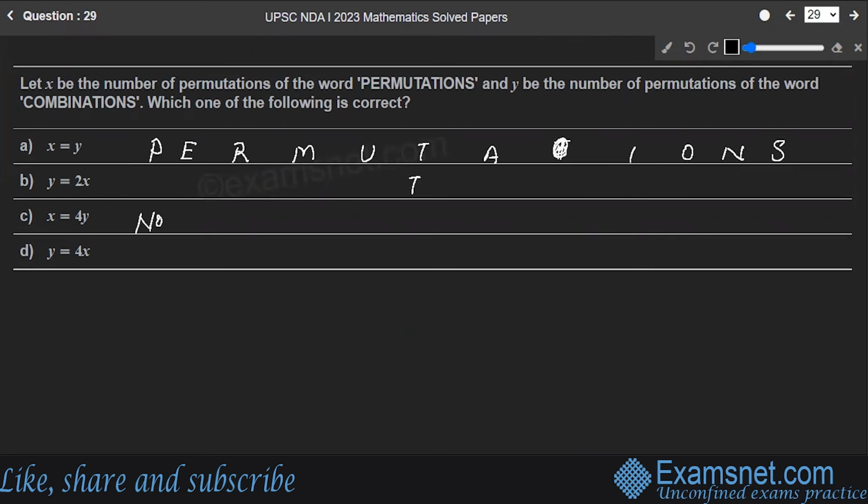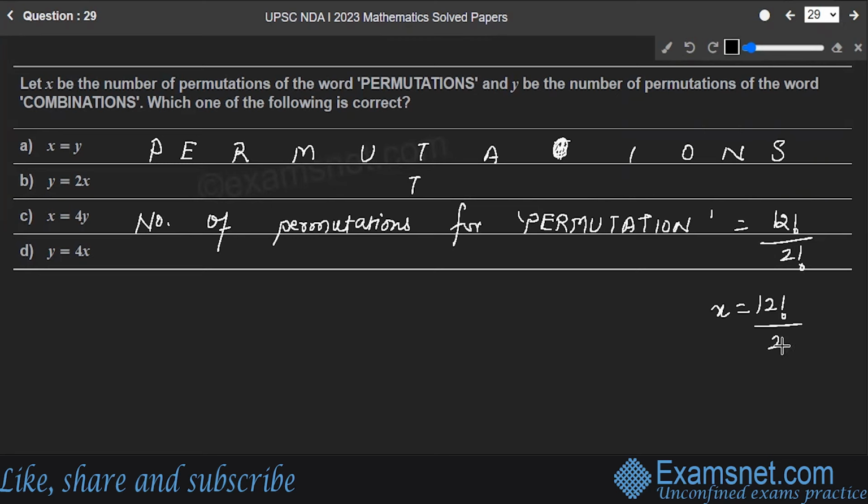Number of permutations in this case is given by 12 factorial upon 2 factorial, which is actually X.